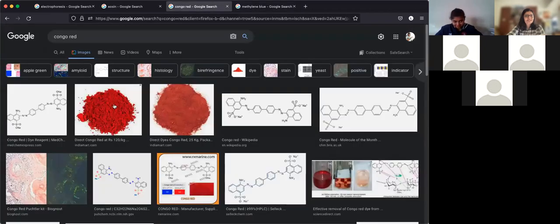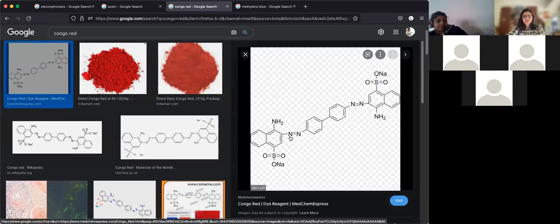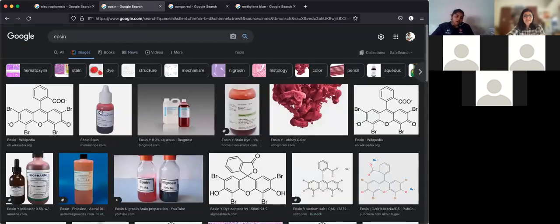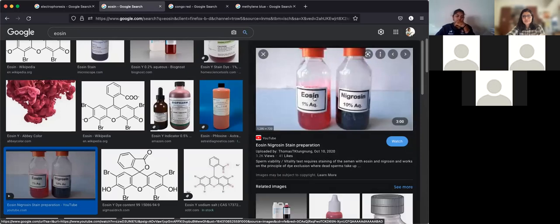This is Congo Red. Again, a really deep red. You can see this is also another complicated organic molecule. This is eosin. So you have eosin, you have nigrosin, aqueous solutions of those, but essentially coloring agents. It's got a reddish pinkish kind of color.